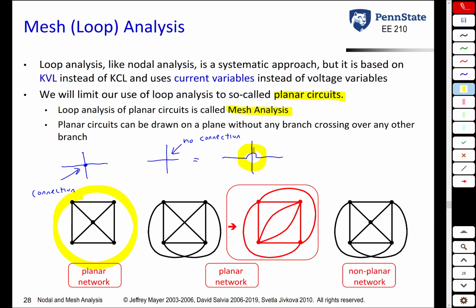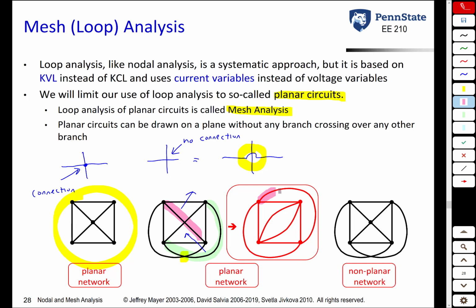If you look at the second circuit here, you first look at it and you see that point there and you say, wait a minute, there's no connection there, that's going to be non-planar. However, if you take this wire here and move it out to there, likewise, if you take this wire here and move it into here, you get the following.